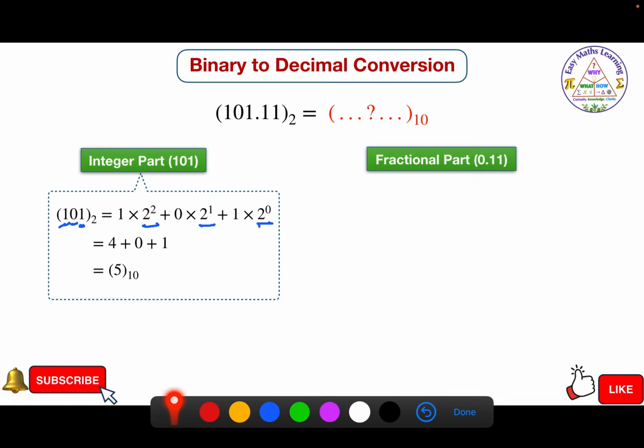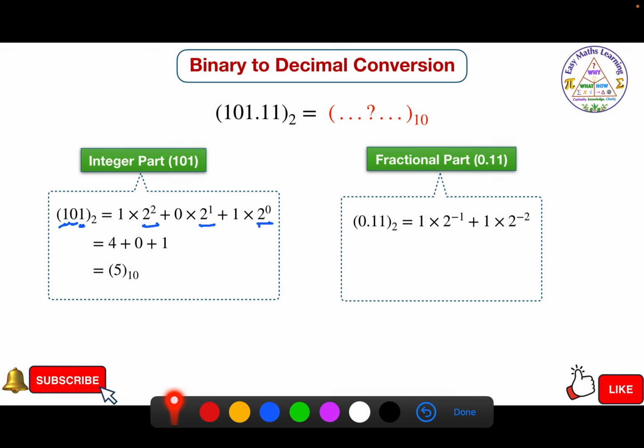So finally we are getting decimal number 5 here. So now we convert fractional part, which is 0.11, to decimal fraction part. So in binary, fractional places use negative powers of 2. Okay, so here the fractional part, that is 0.11, it will be equal to 1 multiplied with 2 raised to the power minus 1.